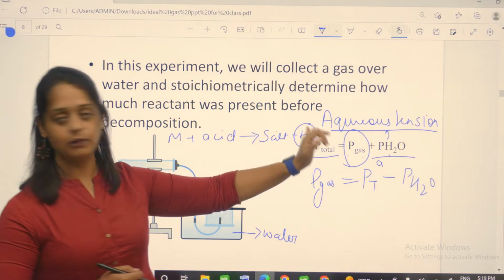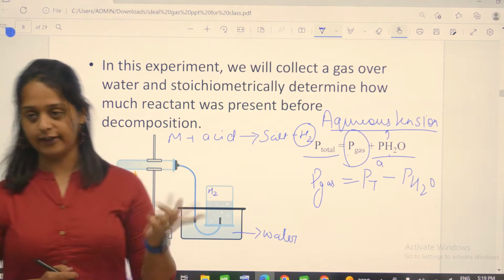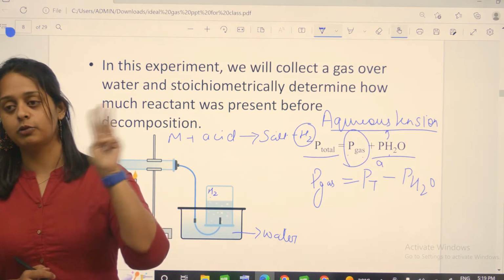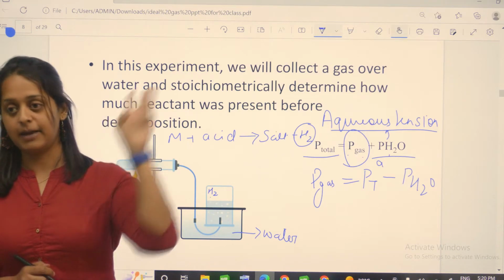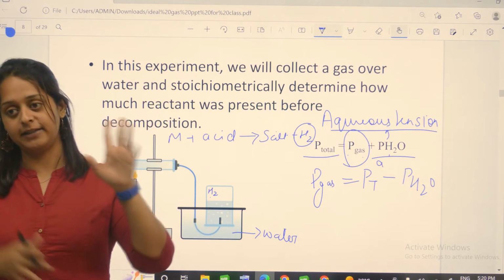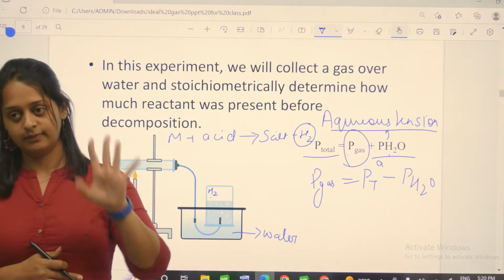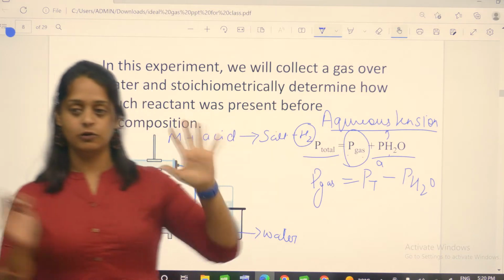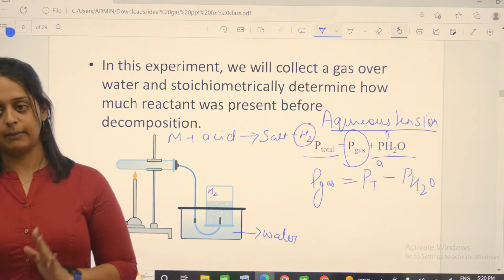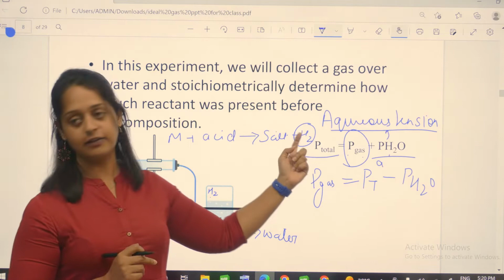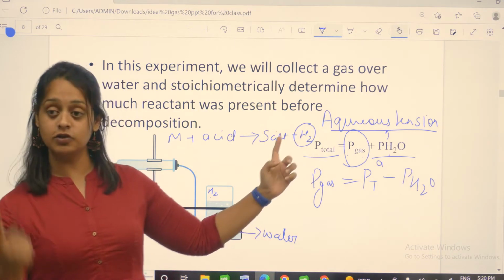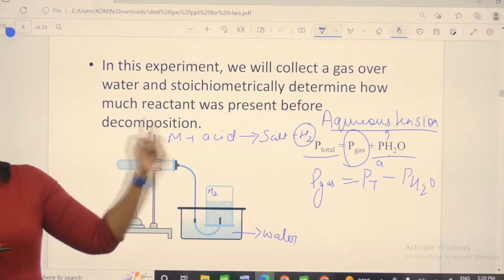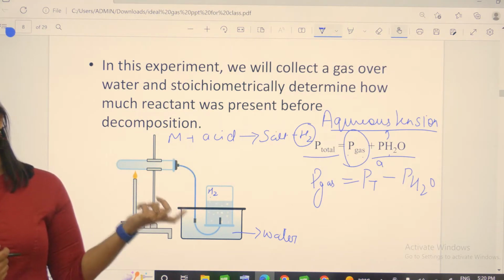If I know the pressure of the hydrogen, I can calculate volume and number of moles by PV equals nRT with all the parameters given to me. I would be able to calculate the number of moles of gas liberated. When the number of moles of hydrogen gas liberated is known, by using stoichiometry, I can know how much metal was present, which was reacting with acid, because I will be knowing the balanced chemical equation.